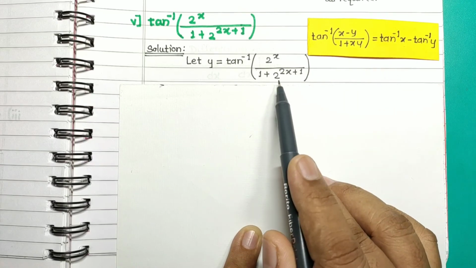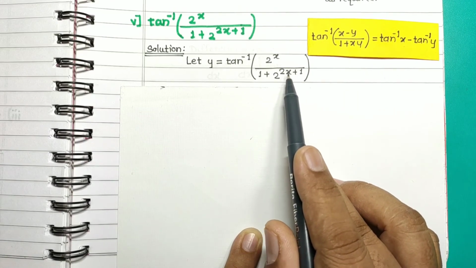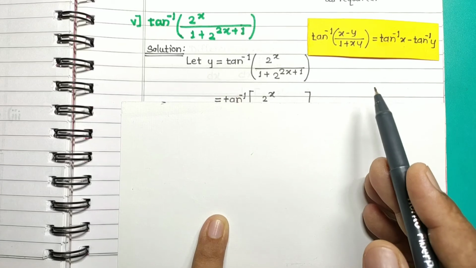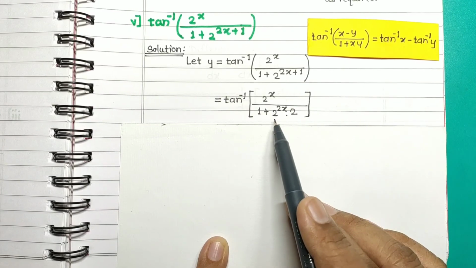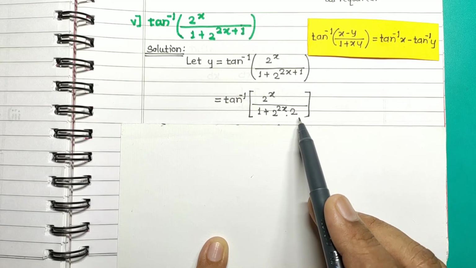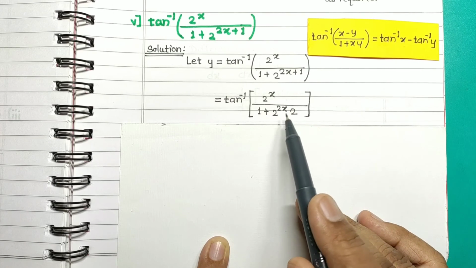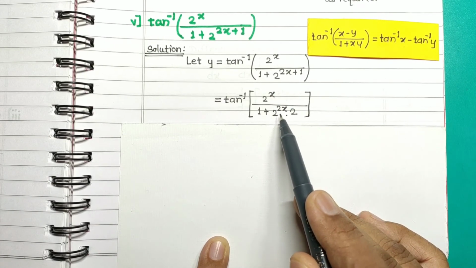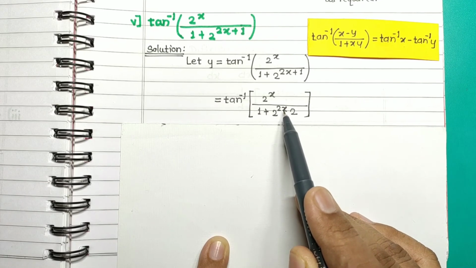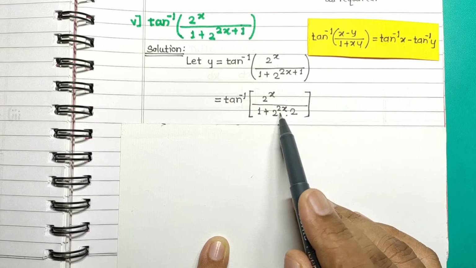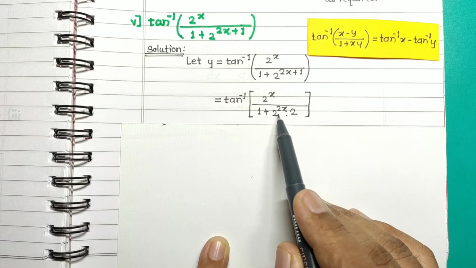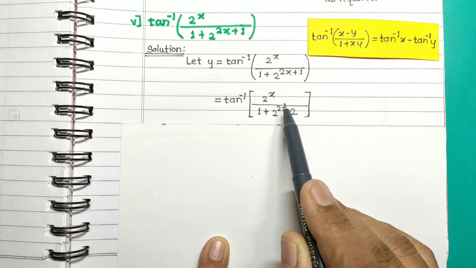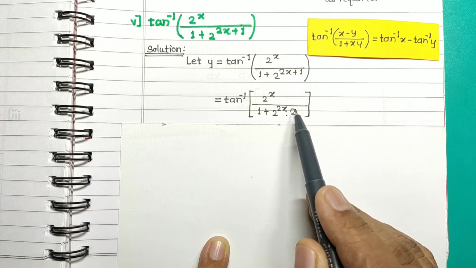property. So here I can write this 2 raised to 2x plus 1 using rules of indices like this: 2 raised to 2x into 2. Okay. Then see here you observe that this 2 raised to 2x term is nothing but 2 raised to x bracket square, or you may write it as 2 raised to x into 2 raised to x.